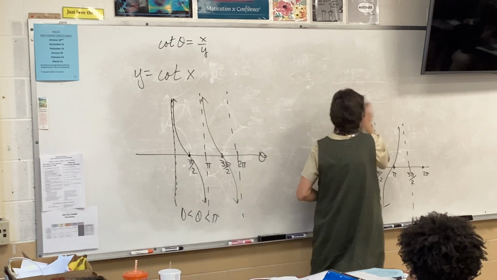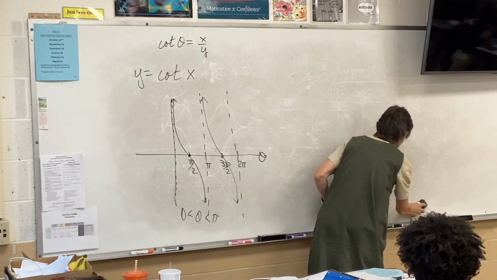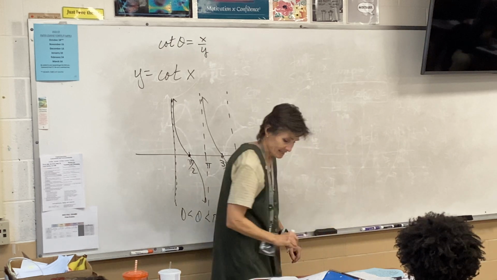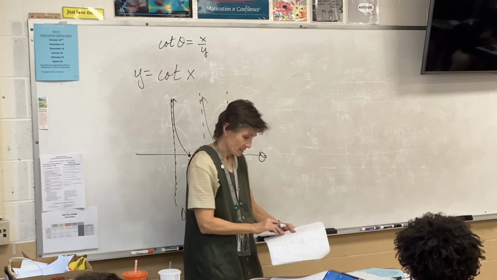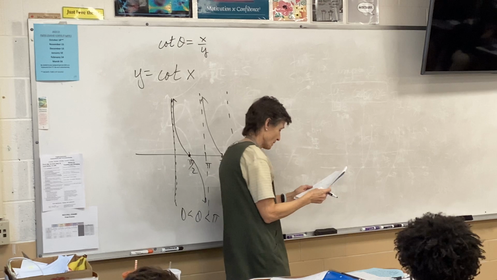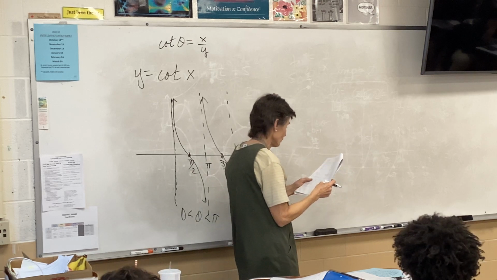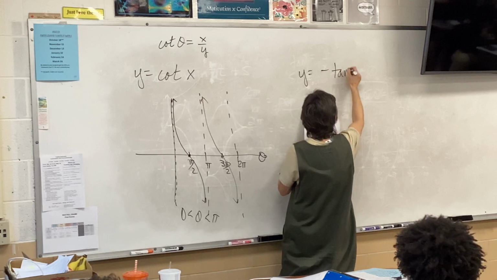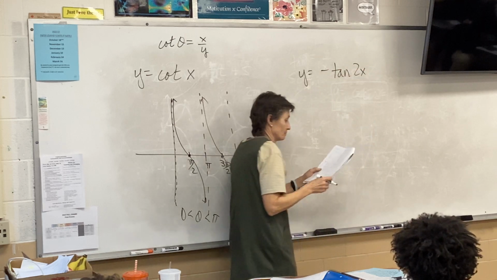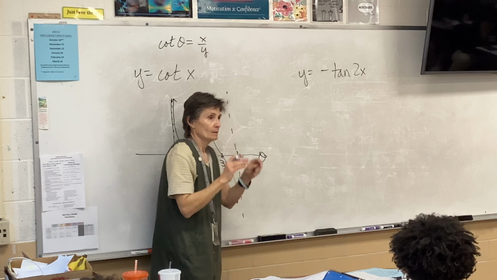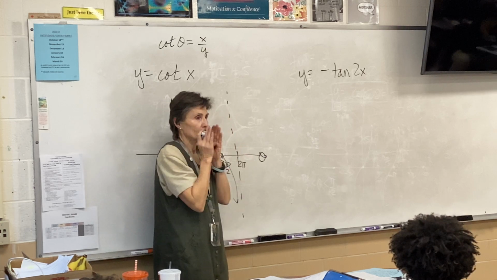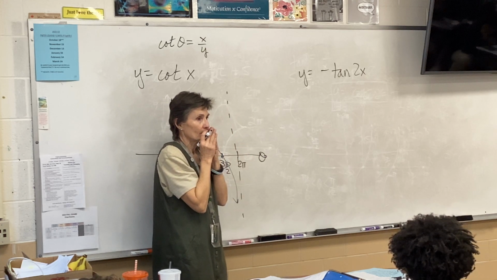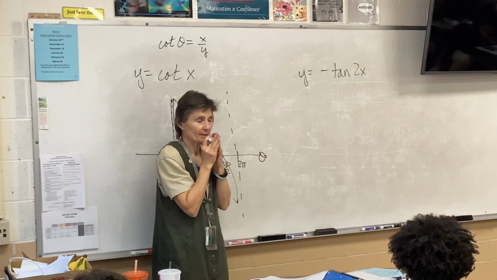Now, let's do some changing of the pictures by sticking in some numbers. All right, so number 2, let's do y equals negative tangent 2x. Okay, so what's happened?